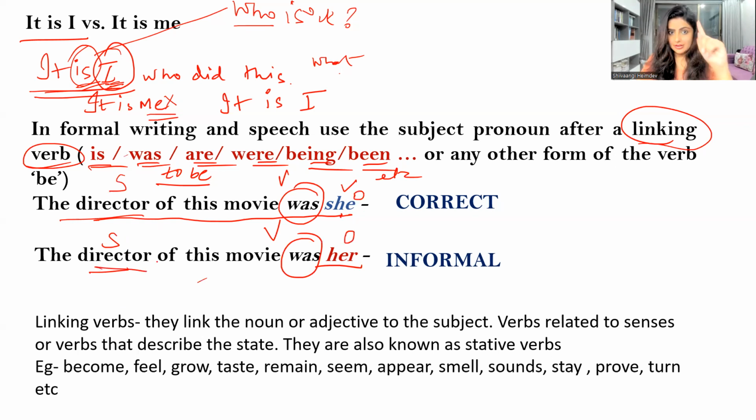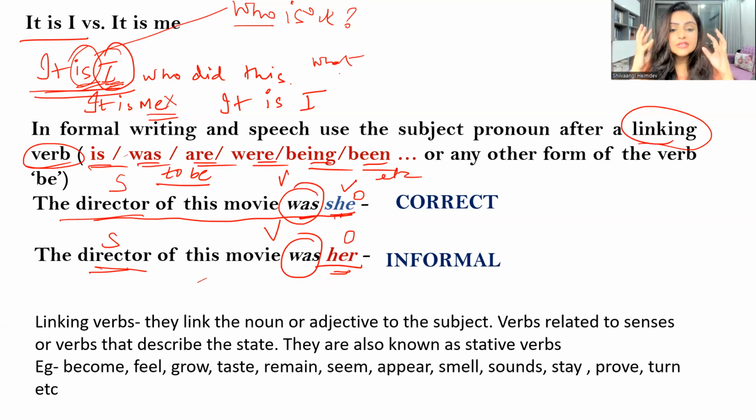Okay. So listen to me. The subject is the director, "was" is the linking verb, and this part, whether it is "she" or "her," is an object. Now, though it is an object, yet I'm going to make use of the subject pronoun and not the object pronoun, especially in this situation.